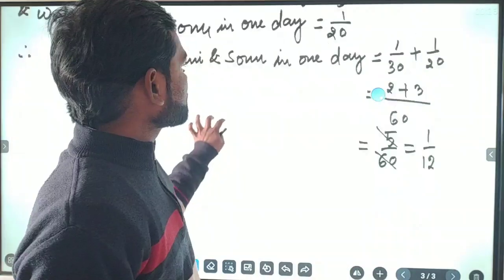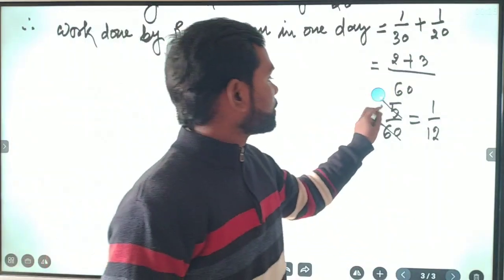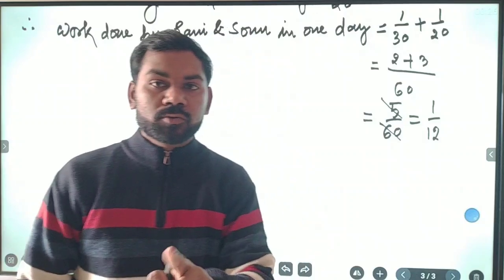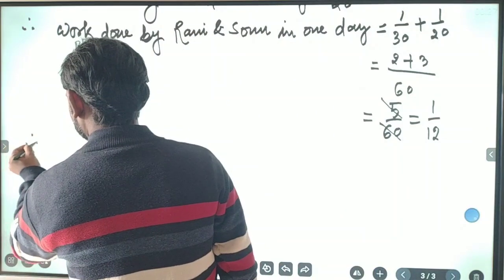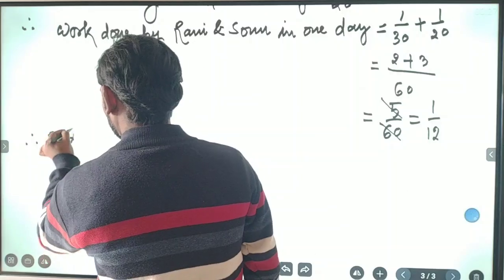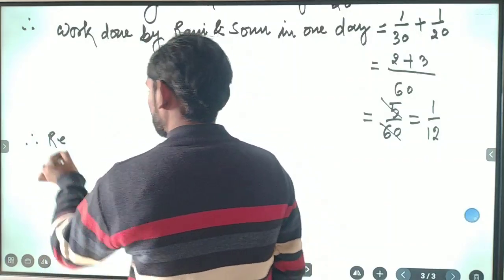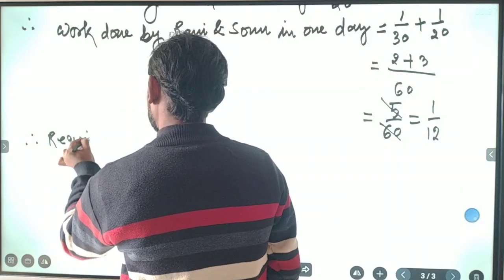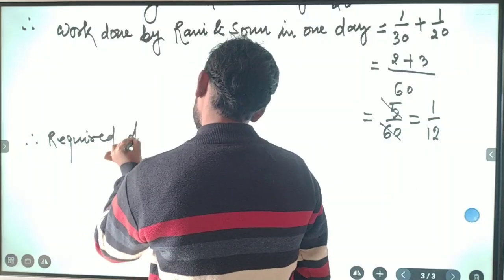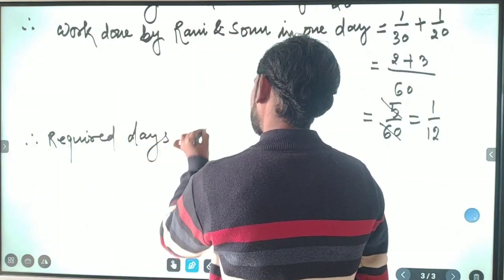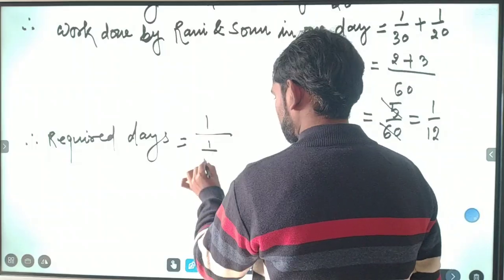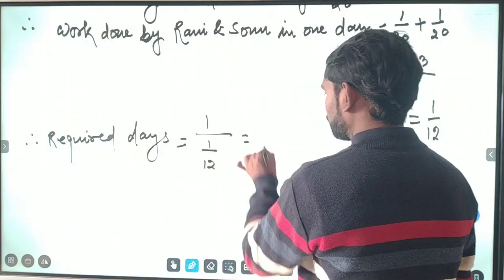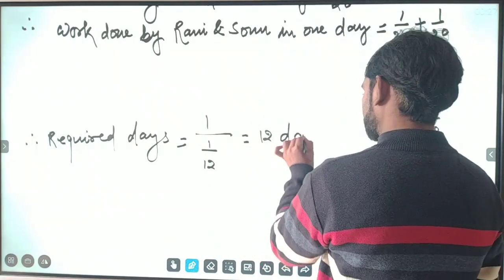Therefore, what time is required to complete the job by Rani and Sonu? The number of days required is equal to 1 upon 1/12, and this is equal to 12 days.